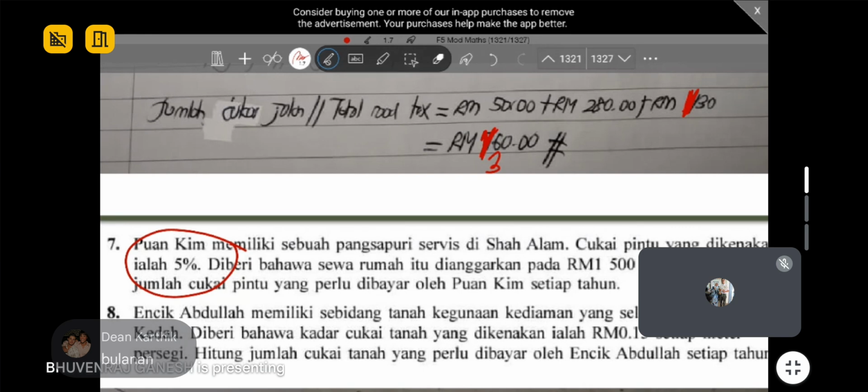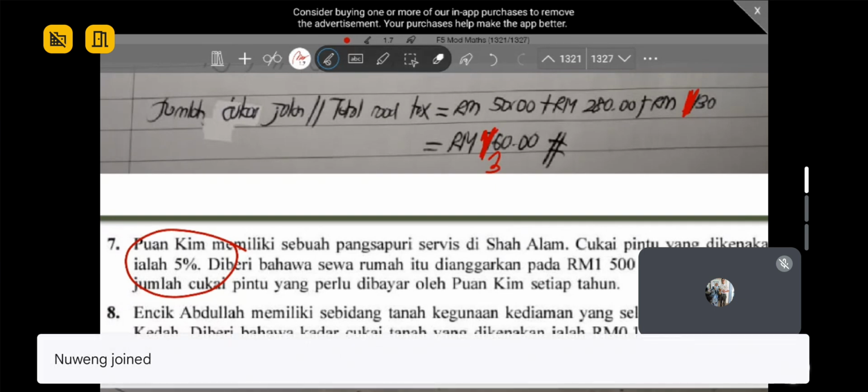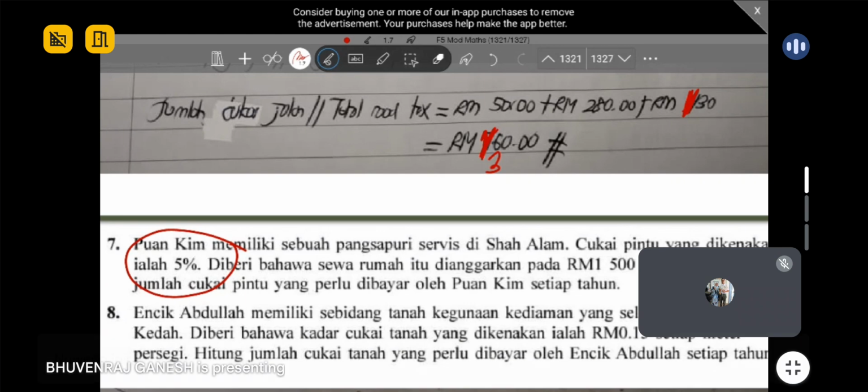The rest? 5%. Bulanan. Okay, some more. The rest? Can you try? Okay, so I can tell the answer lah. The answer is actually yearly. It's tahunan, guys. Remember, any percentage they give you in this chapter is annually.